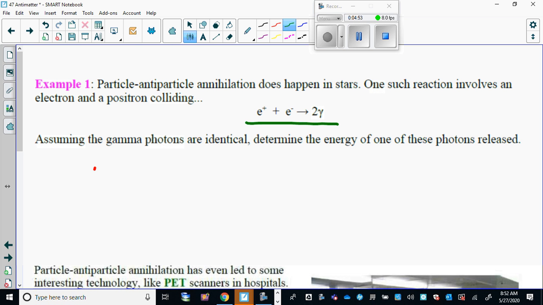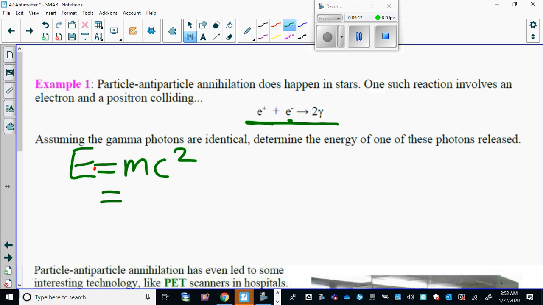Assuming the gamma photons are identical, determine the energy of one of these photons released. So we're just going to use the equation E equals mc squared. Now, what mass are we going to use here?